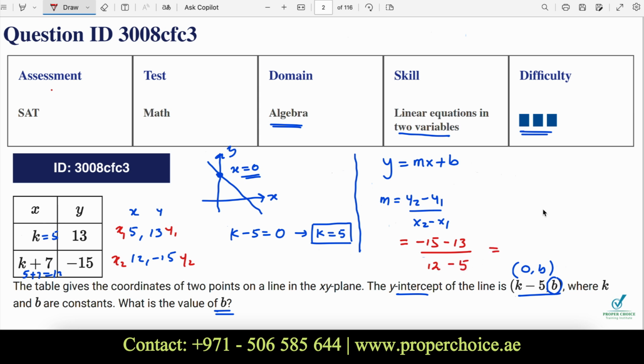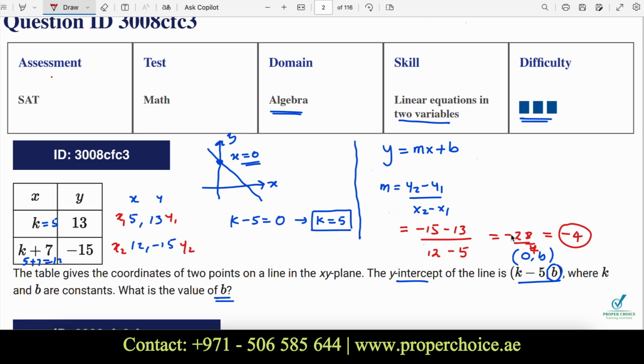So negative 15 minus 13 divided by 12 minus 5 gives negative 28 by 7. That gives me a slope of negative 4. The slope of this line is going to be negative 4.